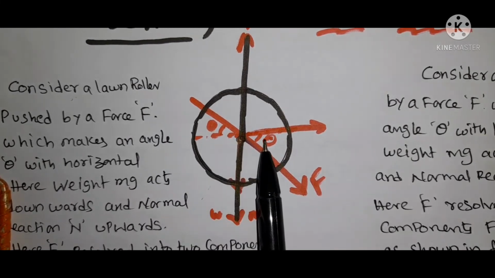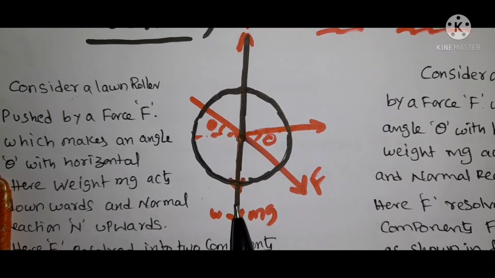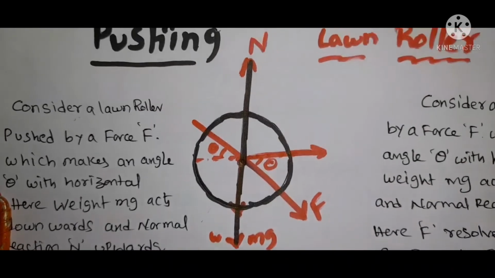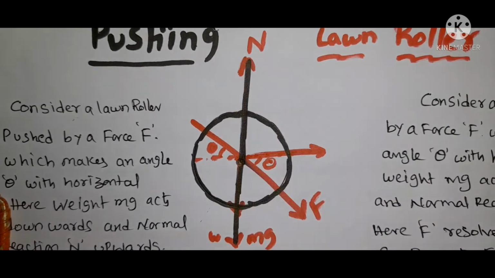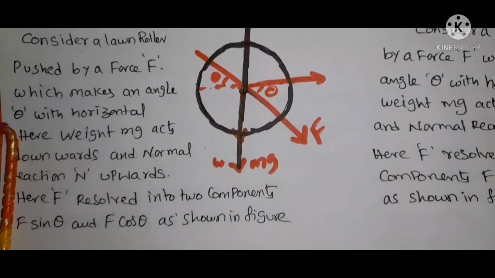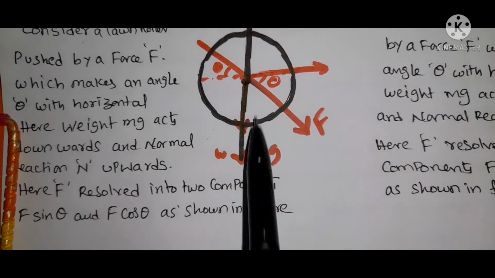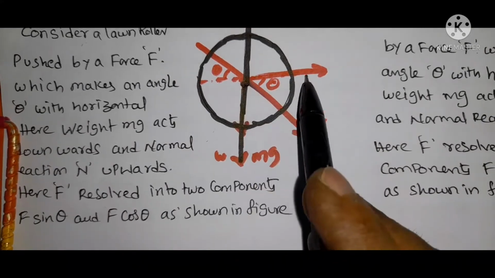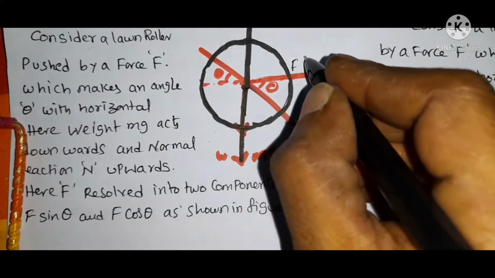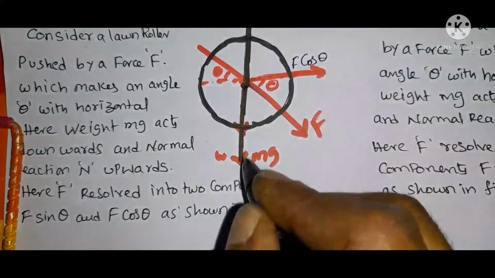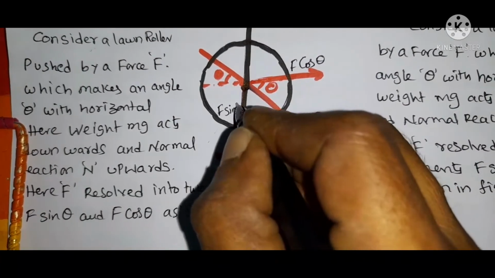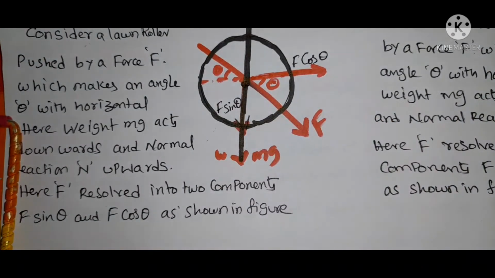Weight mg acts downwards and normal reaction N acts upward. Force F can be resolved into two components: the horizontal one is F cos theta, and the downward one is F sin theta. These are the two forces acting.